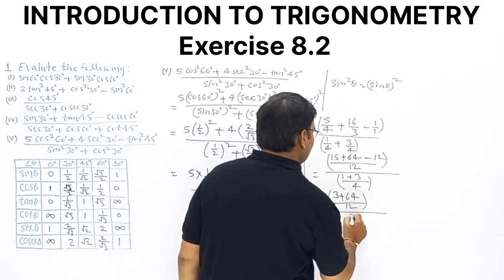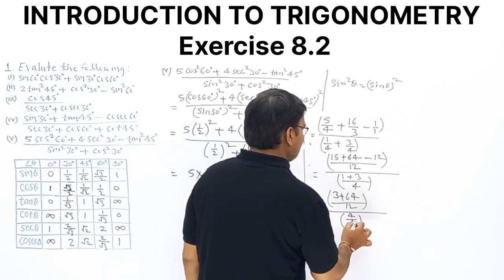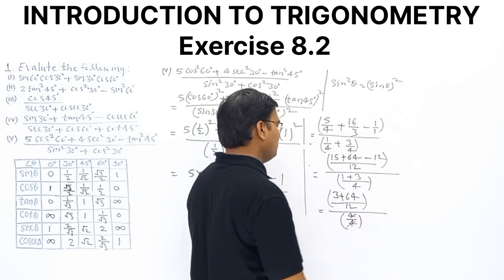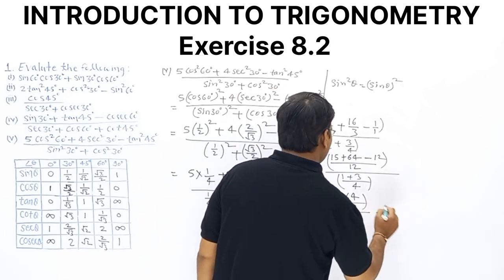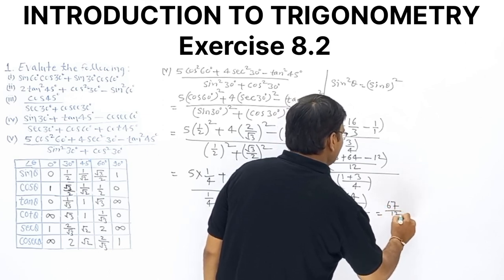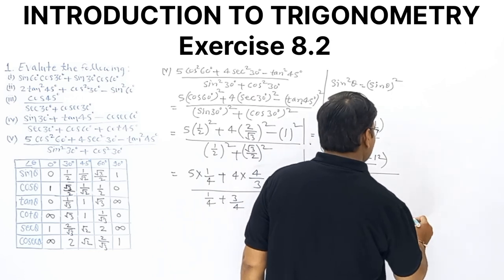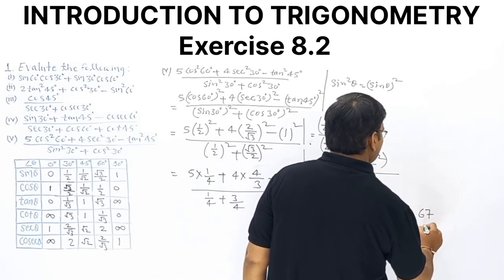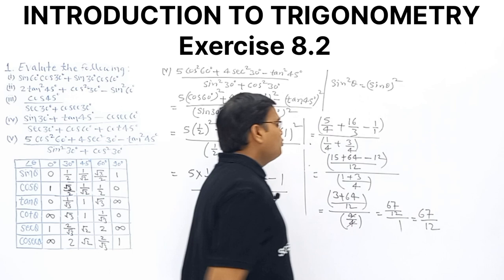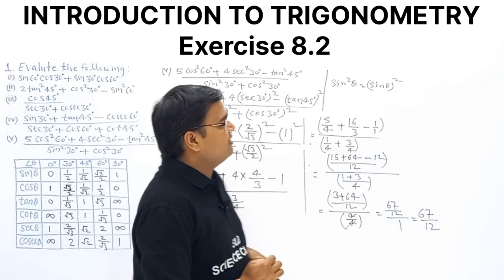Denominator, what are we having? 4 upon 4, 4 upon 4. So this is the 1, 4 and 4 cancel, so this will be 1. So what are we having? 67 divided by 12 divided by 1. So this can be written as 67 upon 12, which will be the required result. This is the result, 67 upon 12 we are getting.